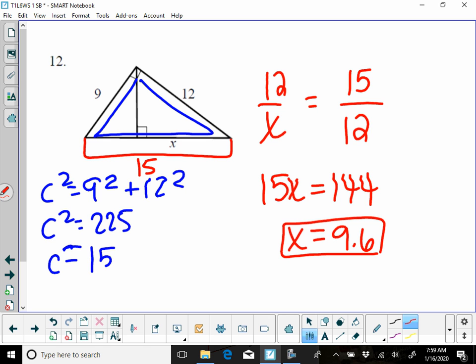So now I know x is 9.6, and that's all I was looking for in that situation. I just had one unknown. But then from there you could find the other piece of this half, or you could find the height if you needed to.